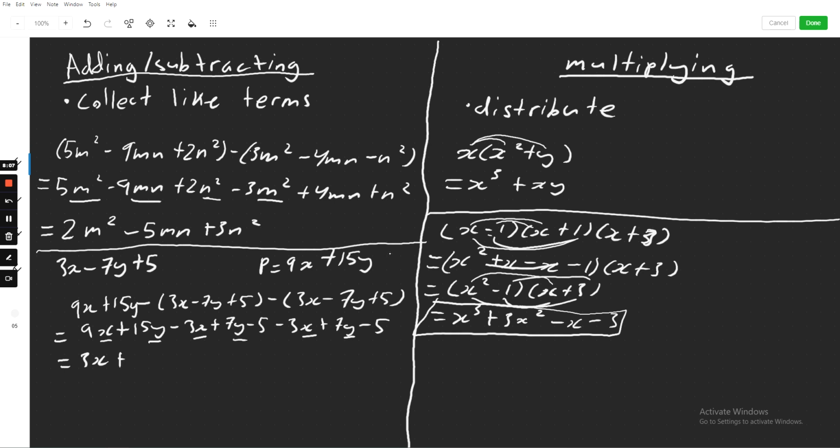So we have plus 29y. Next, lastly, we have the constants, so it's minus 5 and minus 5, that'll equal minus 10. Therefore, the length of the unknown side is 3x plus 29y minus 10.